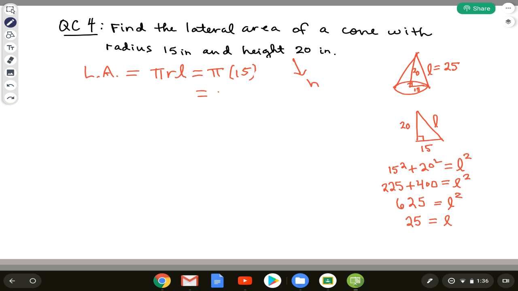Okay, and that's what I want to plug in here. So when I multiply that out, 375 pi, which when I put that in the calculator and round it, I get about 1,178 inches squared. So this one was one where you had to think through what the shape was making and make sure you use the correct height, not the regular height, but the slant height.